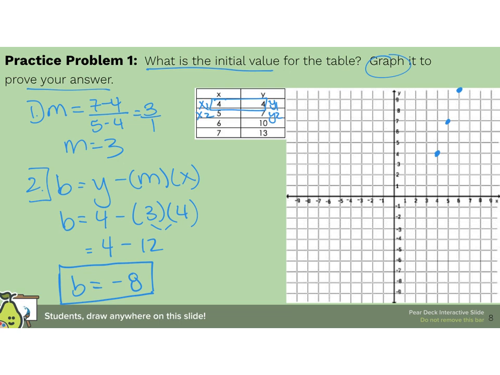And then 7, 13 also won't fit. So basically, I'm just going to graph this. I'm going to graph this out.